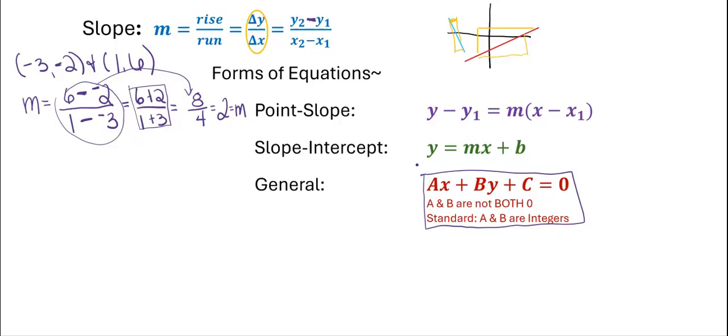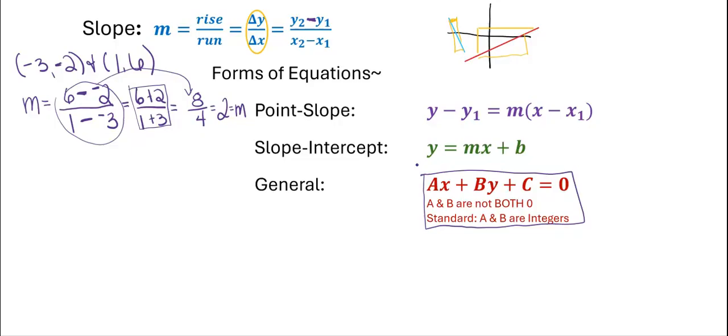But really, basically the general form of an equation of a line is your x and your y and your constant are on one side, and the whole thing equals 0. Okay? But that's not generally how we look at lines. We figure out lines by one of these other forms, either the point slope form or the slope intercept.